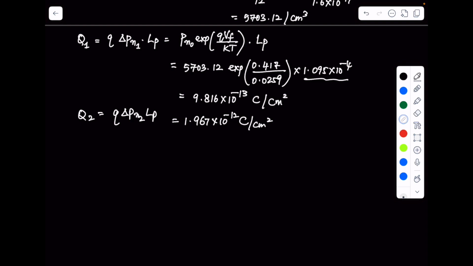Your voltage is not going to ramp up immediately. It is going to ramp up from 0.417 to 0.435 with a time constant of roughly 1 nanosecond, right? So it's going to ramp up slowly, like 1 minus e power minus t by tau, till it goes to the new voltage, right?